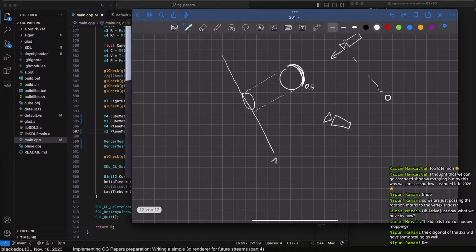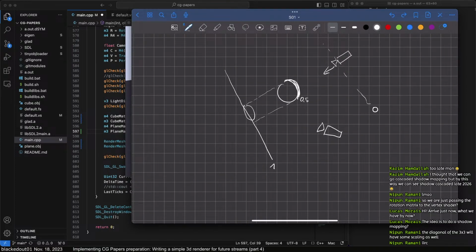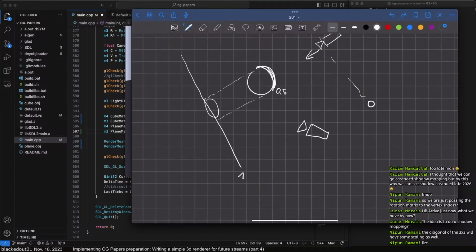And then when we actually render the scene from the perspective we want to look at it, we can then see the depth values from the points we look at from the light's perspective. So we look at this point, for example, and ask ourselves, okay, this has a depth value of 1.